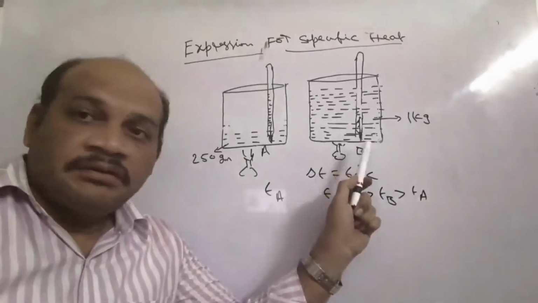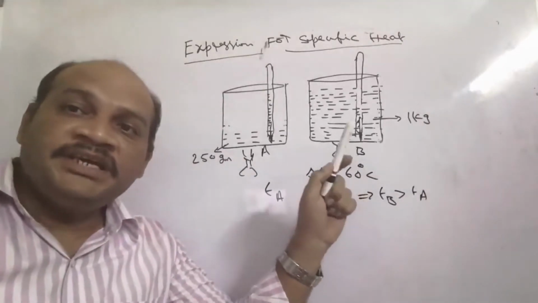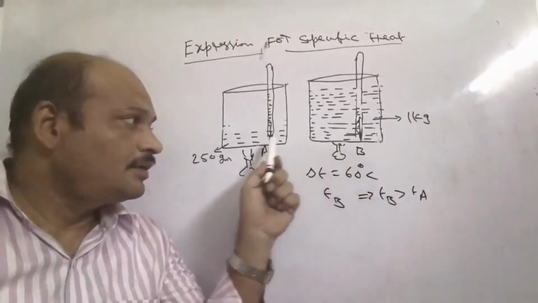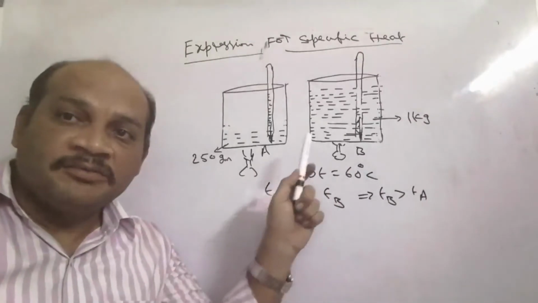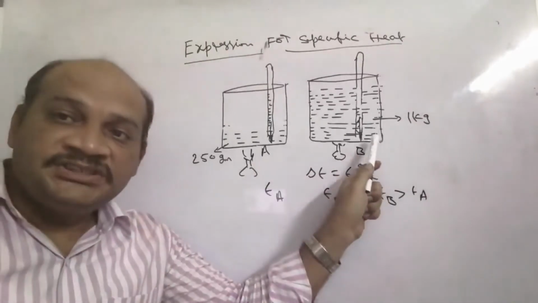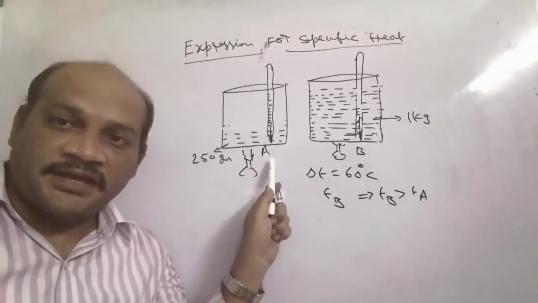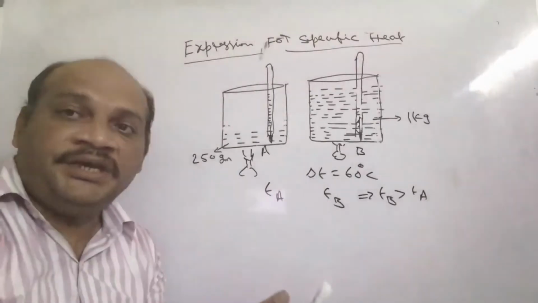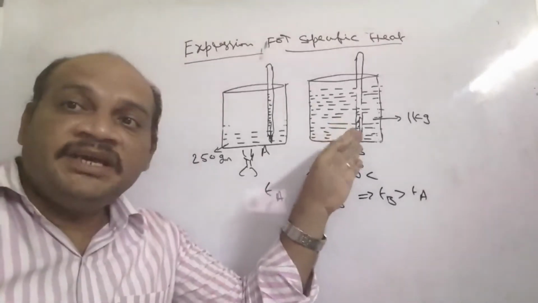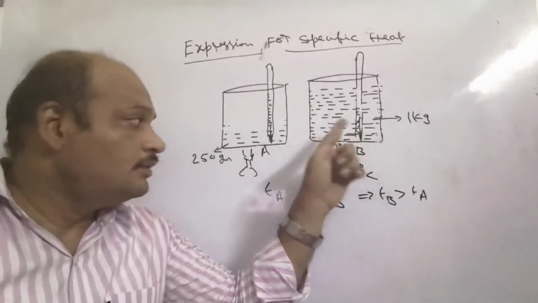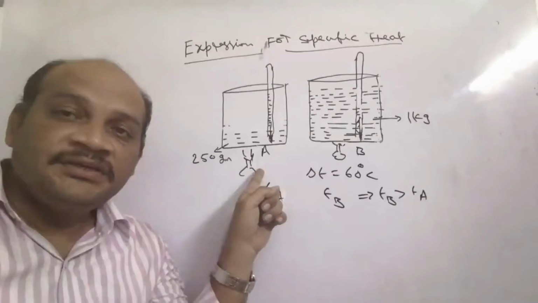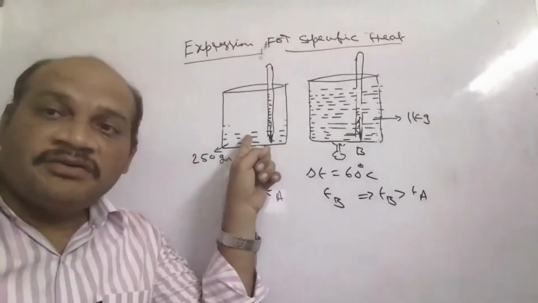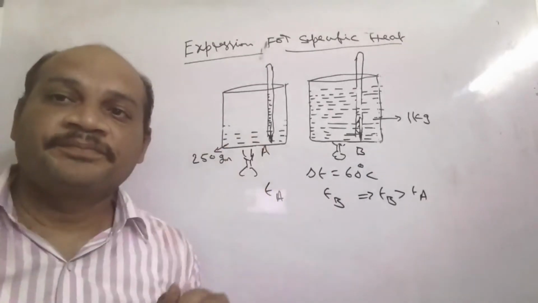Here the water in B beaker takes more time than A beaker because its mass is more than A. Here time increases, which means the amount of heat transferred to B beaker is more than the amount of heat transferred to the water in A beaker.